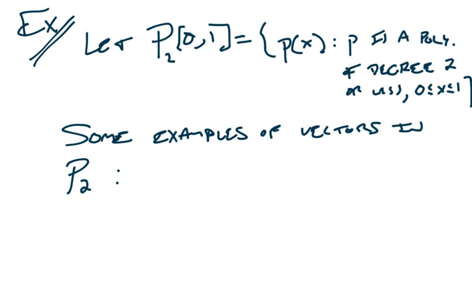What I want to do now is consider the first sort of more complicated vector space. This is denoted by P2 of 0, 1, the interval from 0 to 1, that is. And this is the space of all polynomials of degree 2 or less. And you want the variable x to be between 0 and 1.